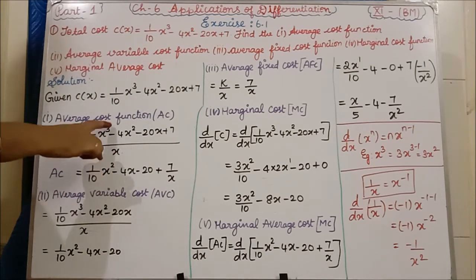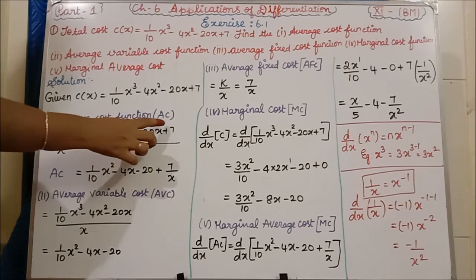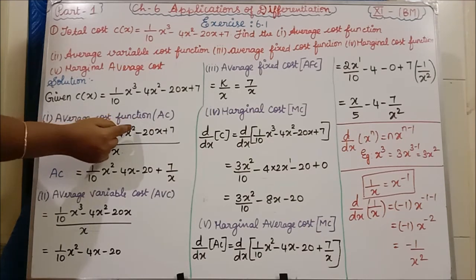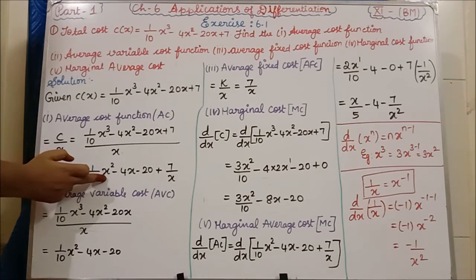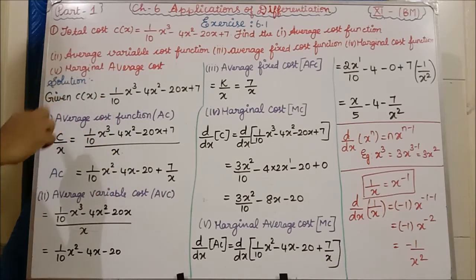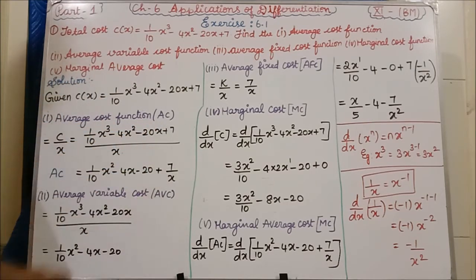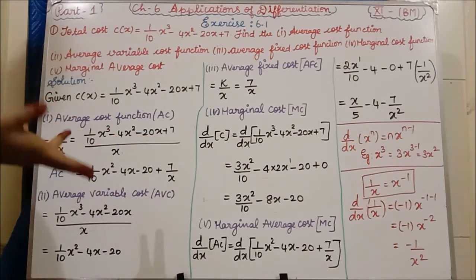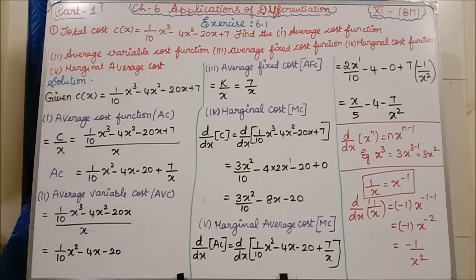If you cancel this x, 1x here, 1x here, 1x here, 1x here, each numerator will be reduced by 1x, isn't it? So 1/10 x square minus, here 1x will be out, so that is cancelled. 4x minus, here x gets cancelled, 20, plus, here do you have x? We cannot cancel, so for that term alone you will have denominator x.